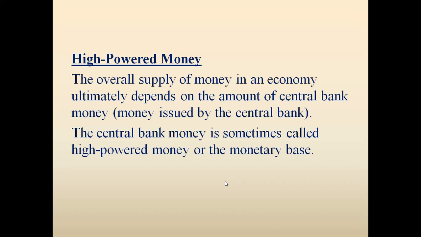Now, this money, whatever currency notes and coins we are using, who has issued that money? The Central Bank, RBI, the Reserve Bank of India, the central bank of our country. RBI has issued the money.